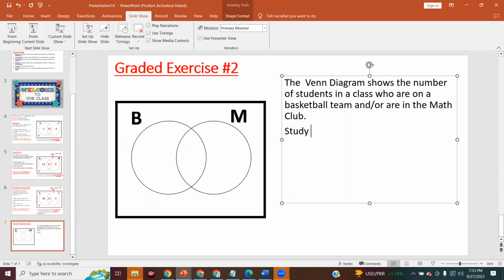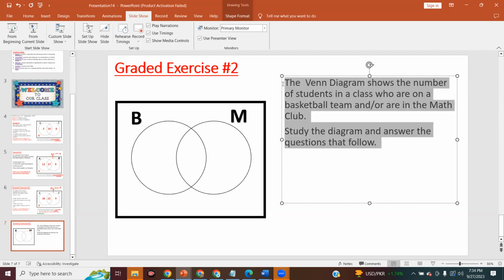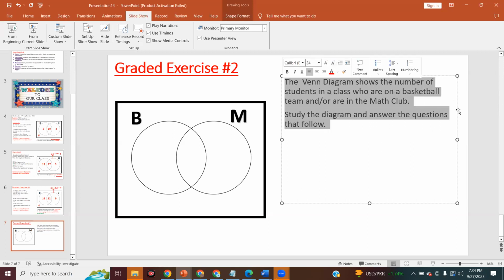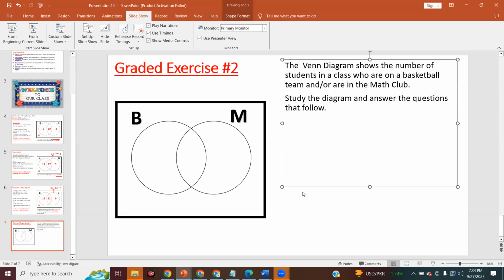Study the diagram and answer the questions that follow. So question number 1.